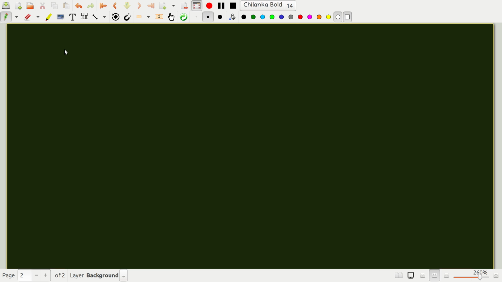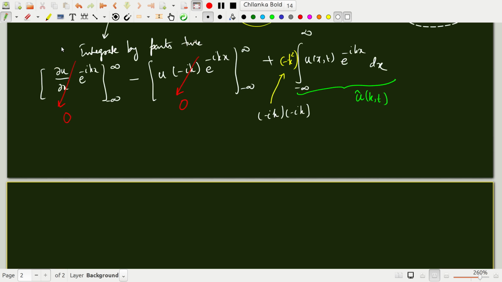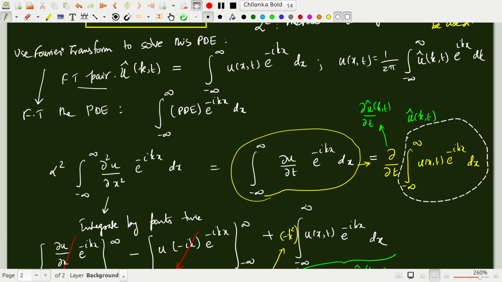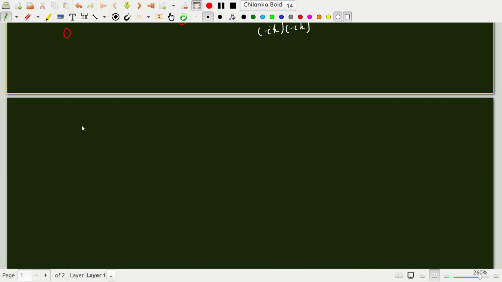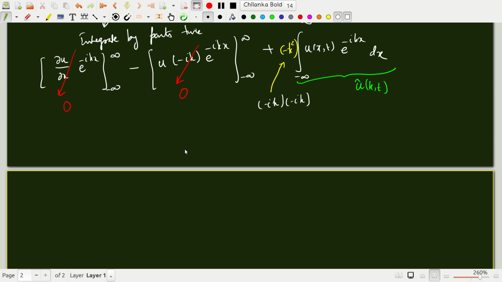Now when I look at this expression, the differential equation is now only in time, you will see shortly. So you can safely replace the partial derivative by du hat dt. The left side had minus k squared times u hat of k, t.